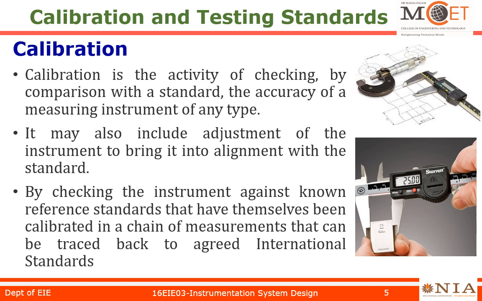Calibration is the activity of checking, by comparison with a standard, the accuracy of a measuring instrument of any type. It may also include an adjustment of the instrument to bring it into alignment with the standard. For example, if it does not give our exact measurement or reading, then we need to adjust it to bring it to the standard level.